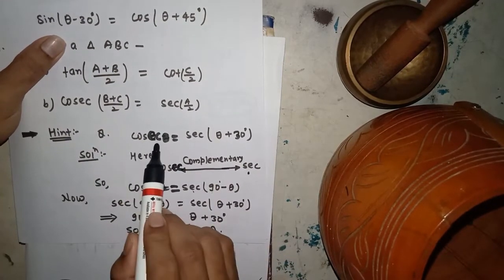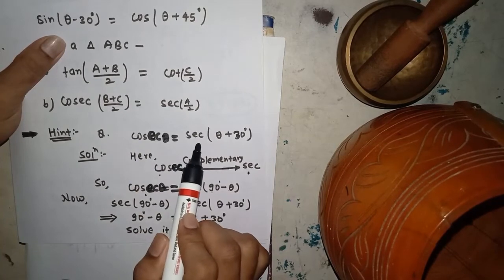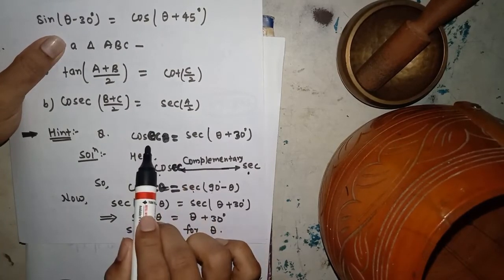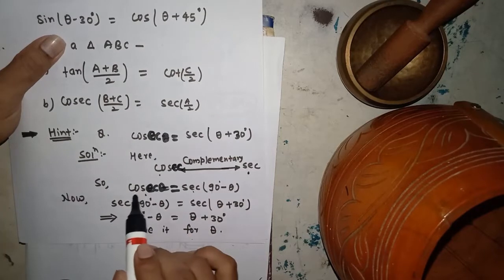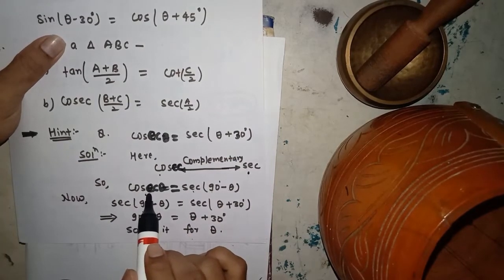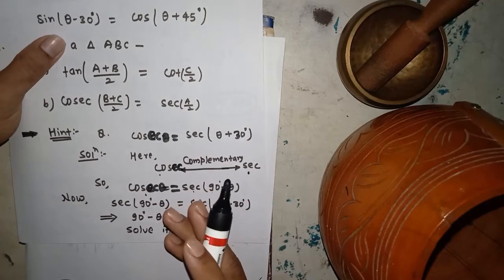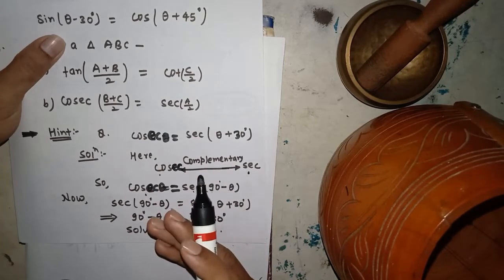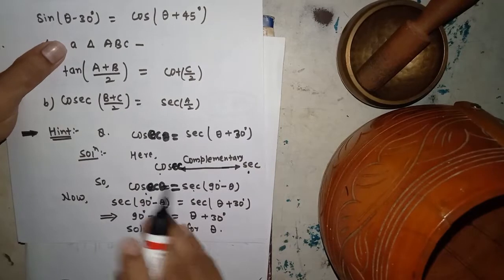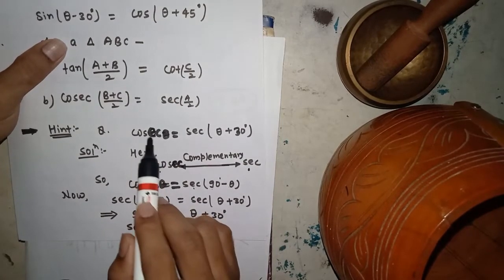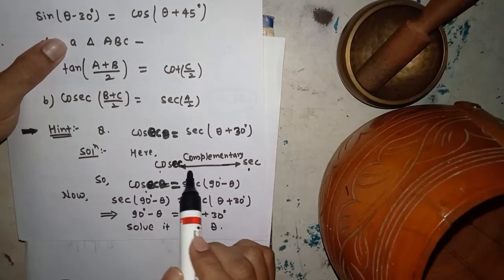So we know that cosec theta can be changed into sec and sec can be changed into cosec. I am changing the cosec here; you can change sec also, whatever you feel is easy.